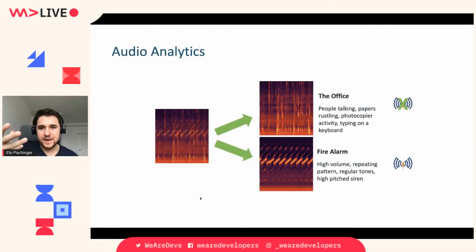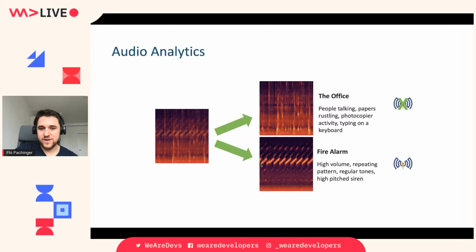So basically, I was playing an alarm, and what's really interesting is that, like I said, the camera is a sensor that can also do audio analytics. On the top here you see the office, where normal people are talking, the photocopier and so on, like not during COVID, but hopefully soon again afterwards. But what if there's a fire alarm?